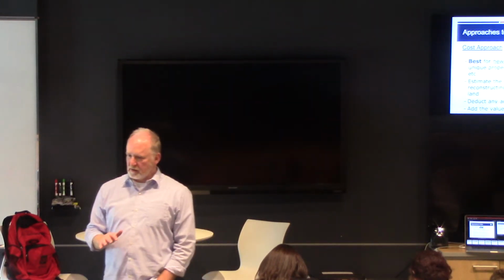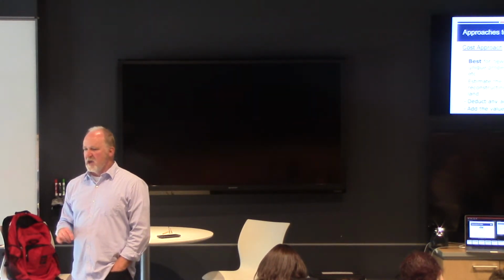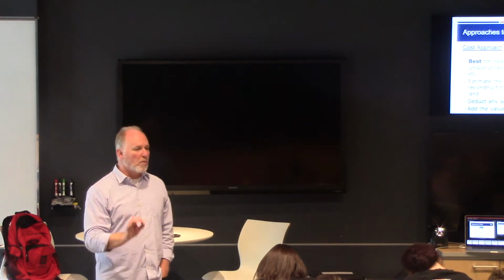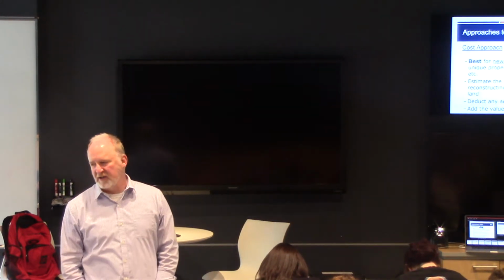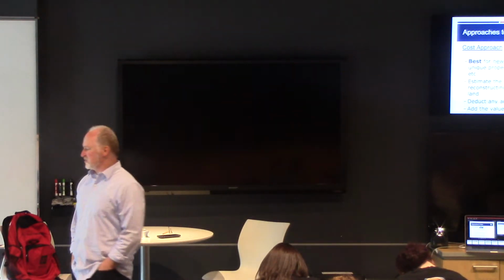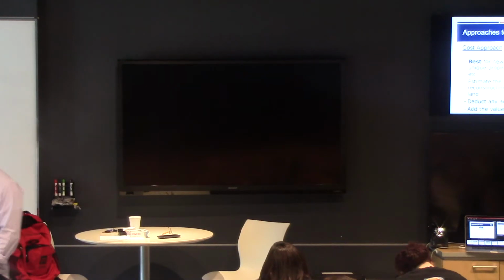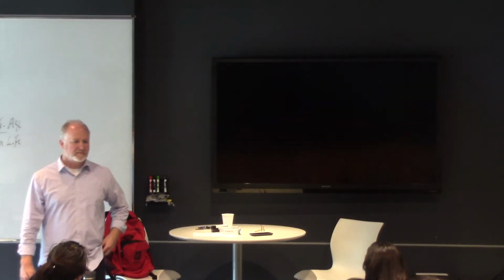That's a good word, but let me make it simple to you. Physical deterioration is normal wear and tear. I want you to look around this classroom and tell me the difference between this room right here when it was new and the way it looks right now. Where do you see some physical deterioration? Carpet.